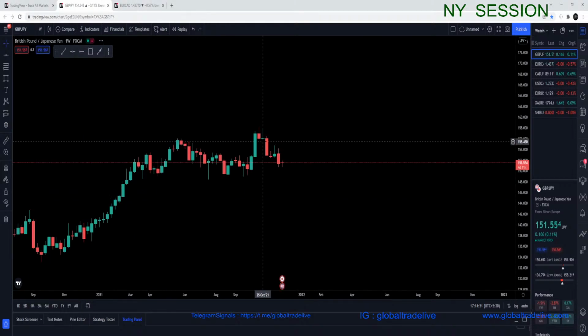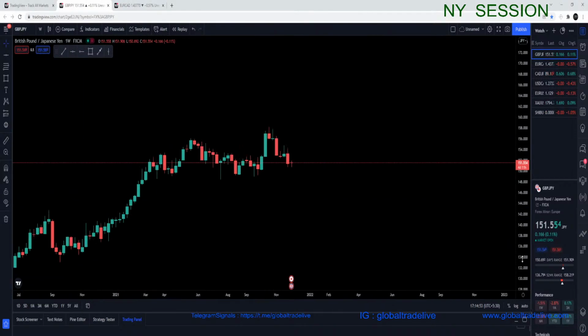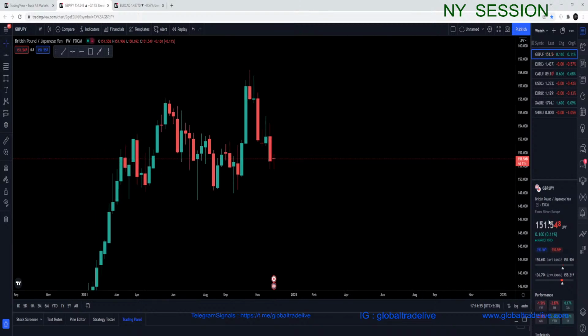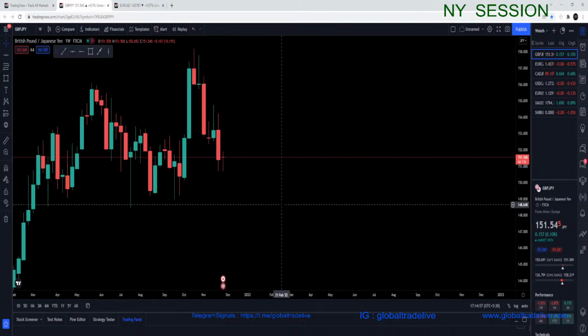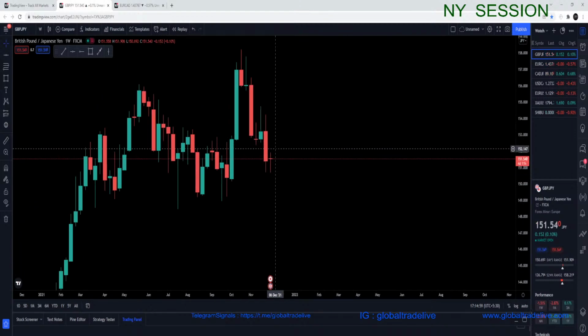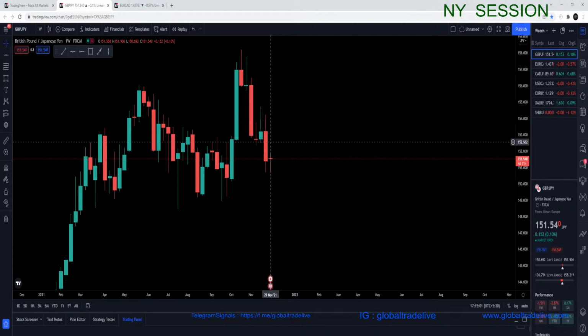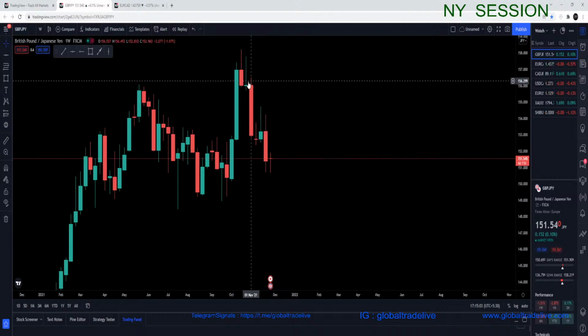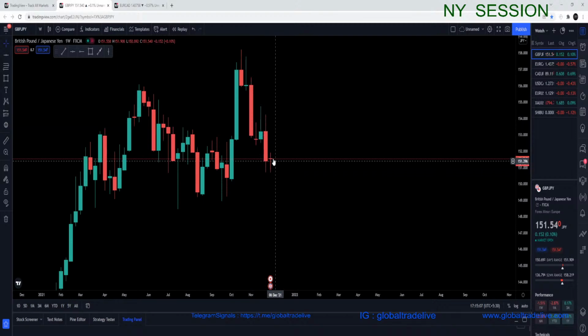And if we talk about weekly, let's have a look at the weekly. First resistance was made here, then second was here, and the third was here.